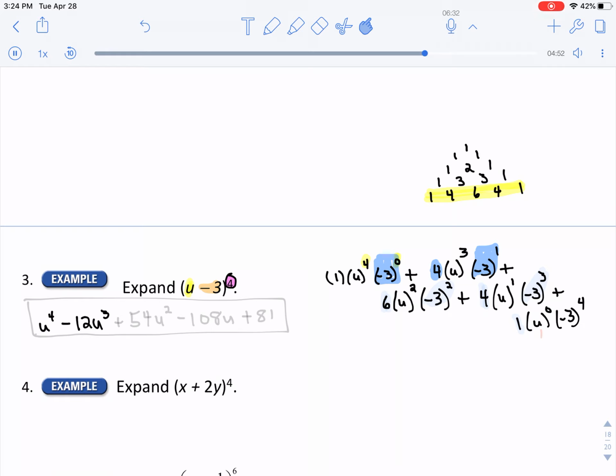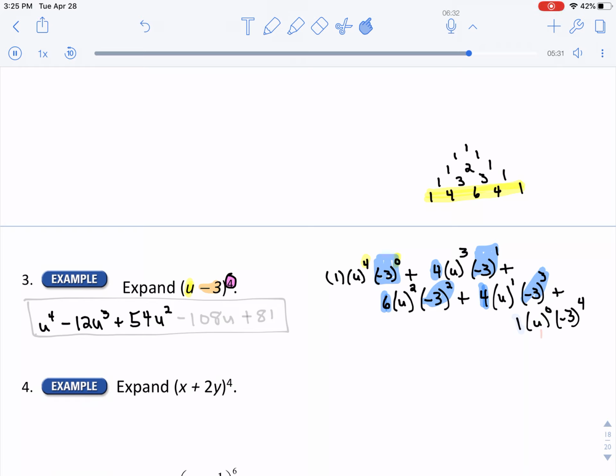All right, our third term, we have 6 times a negative 3 squared. Well, negative 3 squared is 9, and 9 times 6 is 54. So our next term is plus 54u to the second power. And our next term is 4 times a negative 3 cubed. A negative 3 to the third power is a negative 27, and a negative 27 times 4 is a negative 108.